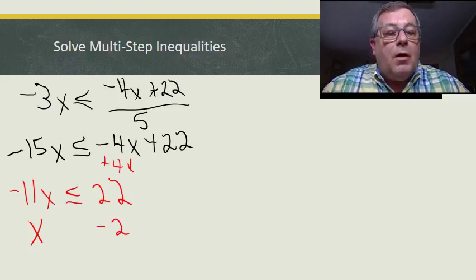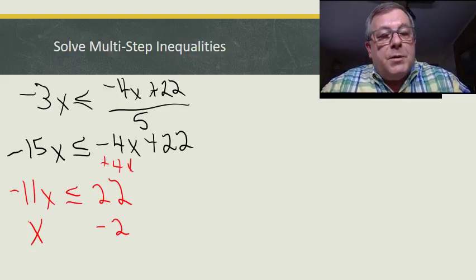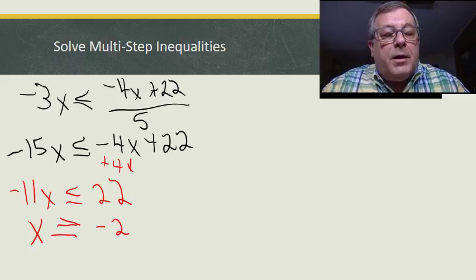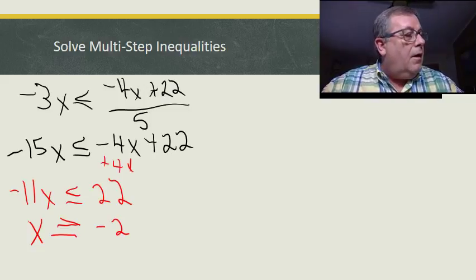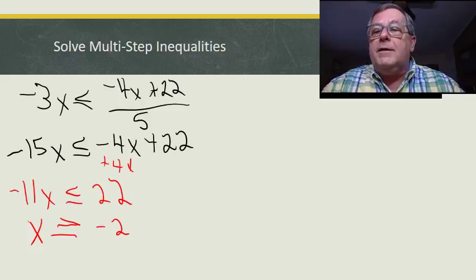If you recall, I've just divided by a negative number, which is going to cause me to have to reverse this. Rather than less than or equal to, it's now going to become greater than or equal to by virtue of dividing by a negative number. So now x is greater than or equal to negative 2.